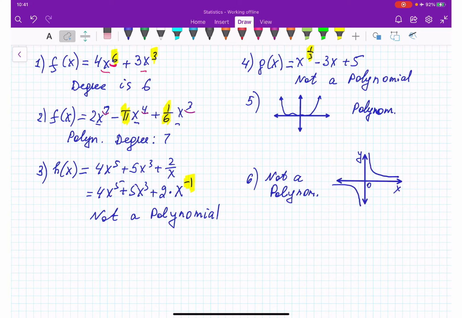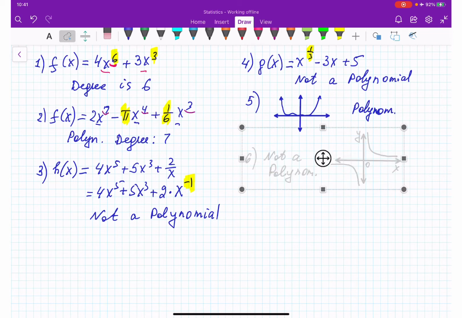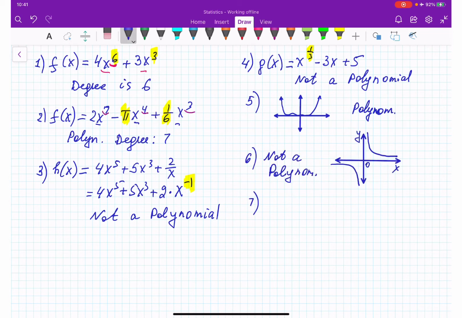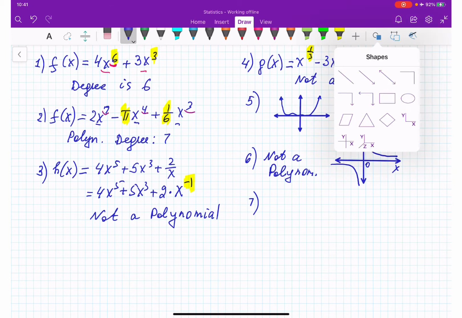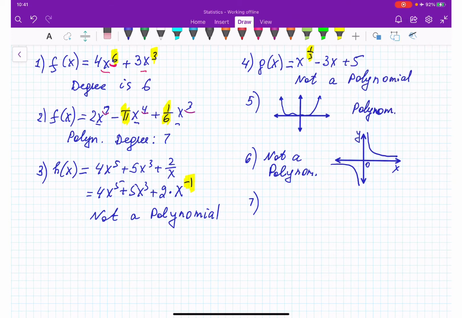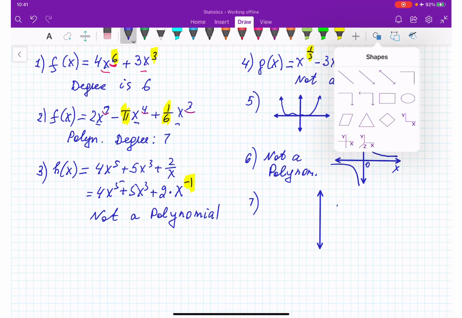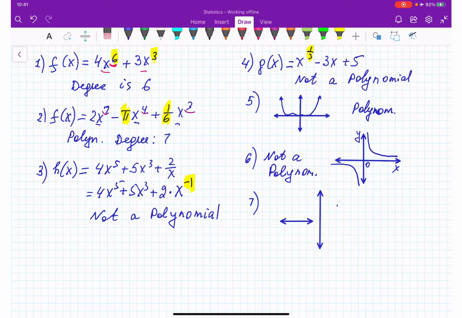Okay, so I can move this up so I can place number 7, graph. Okay, and I have a graph like this.